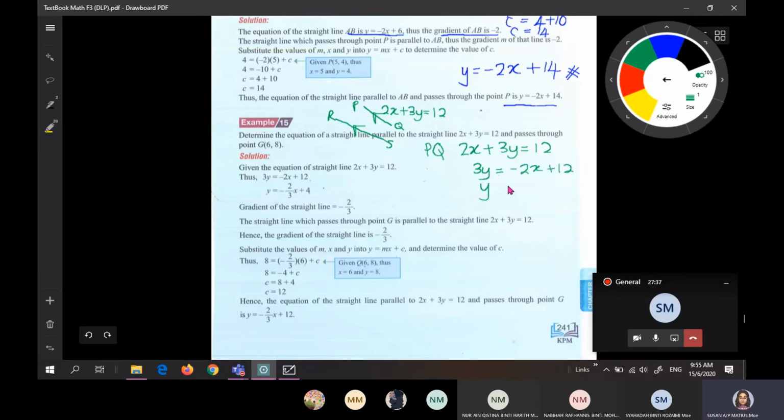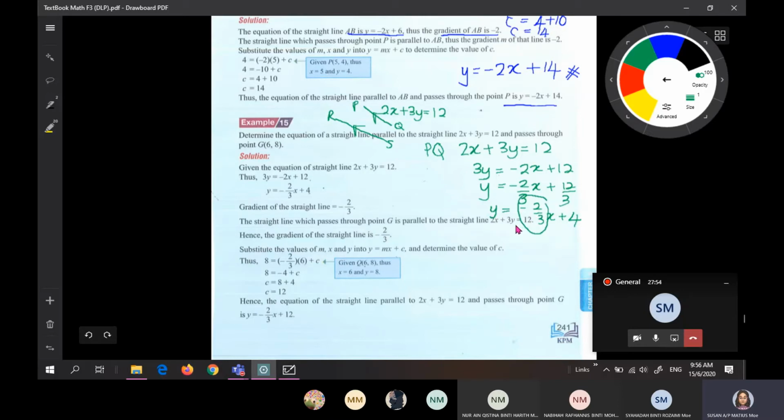So y equals negative 2 over 3 x plus 12 over 3, so your equation is y equals negative 2/3 x plus 4. Your main constant here is the gradient.